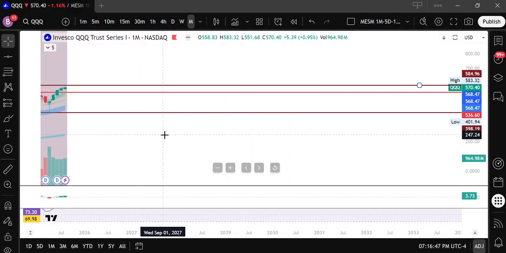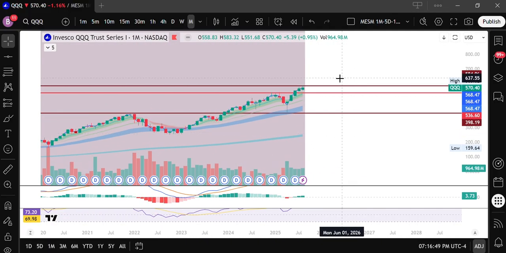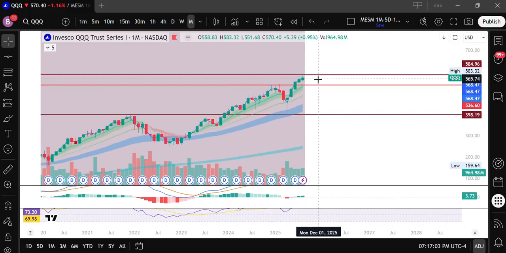Their new high is 584.96 or so, and now QQQ is at 570. It looks like it will come back to retest the 539 level. So again, we are on the monthly.